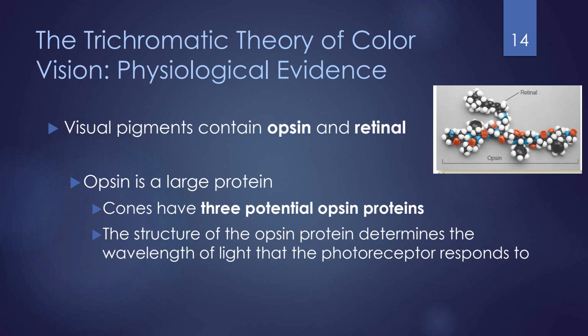And these differences in the structure of the opsin protein are responsible for there being 3 different absorption spectra. So we've got long, medium, and short. Cones can have 3 different types of opsins, which respond to either long, medium, or short wavelengths.